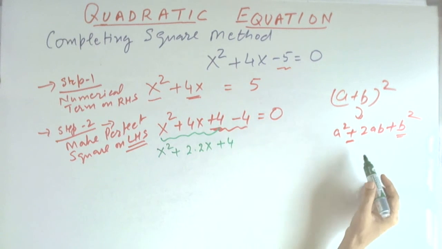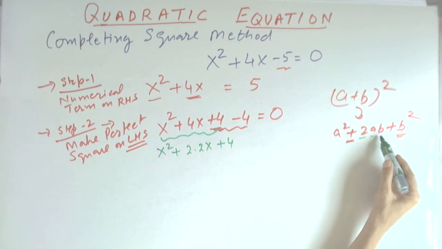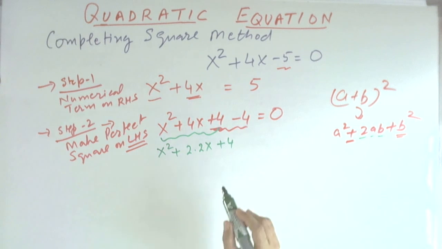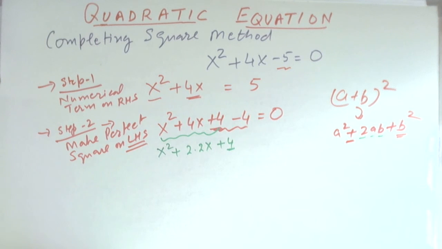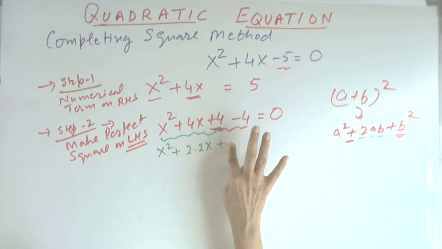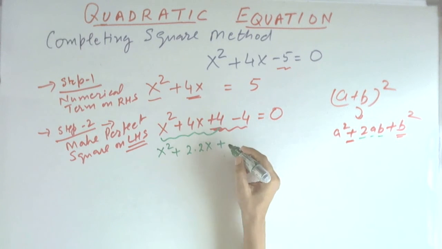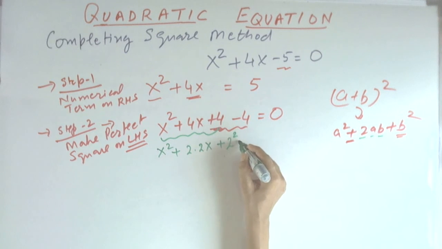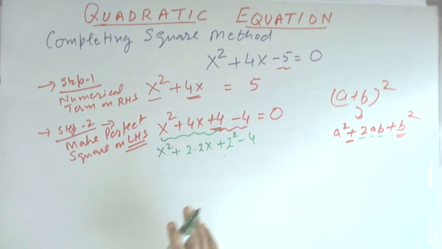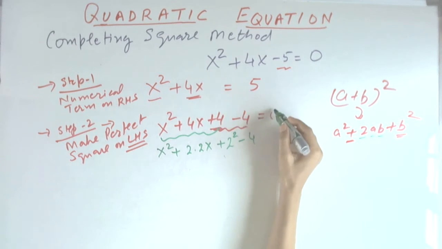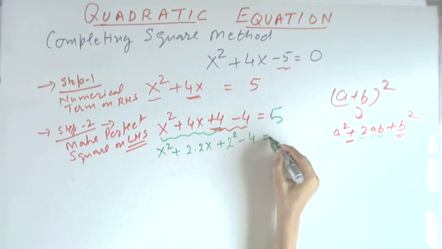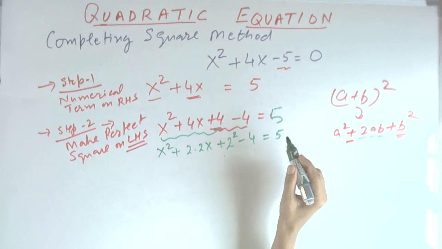So 2ab, and this 4 is equal to 2 square. So this is 2 square and minus 4, and this was equal to 5, and this will remain equal to 5.